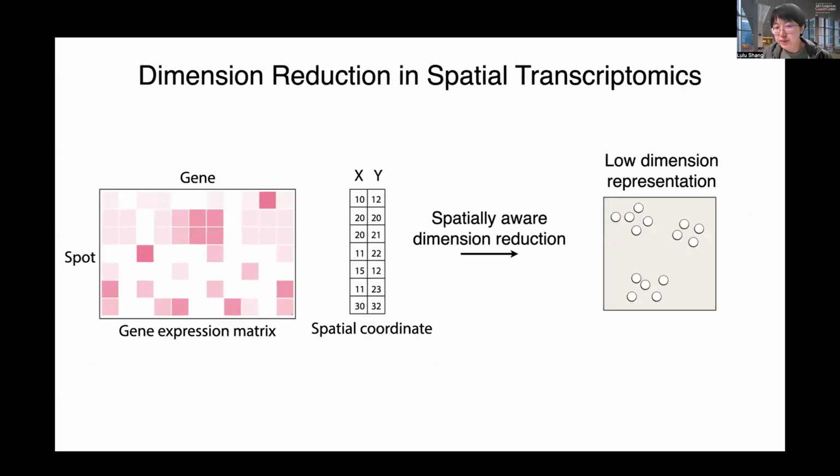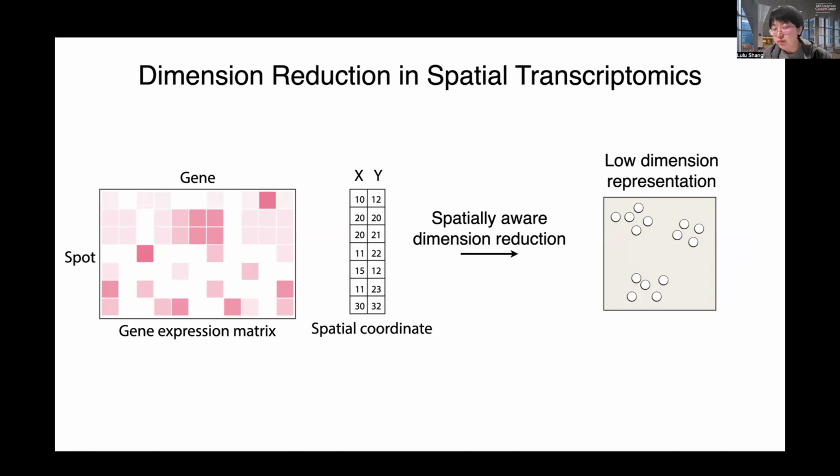But now we have the spatial information, and we still want to reduce the dimension in the spatial data to extract the meaningful biological signals, and we want to incorporate the spatial dependency between the cells or the locations. So we want to do a spatially aware dimension reduction and still extract the low dimensional representation.